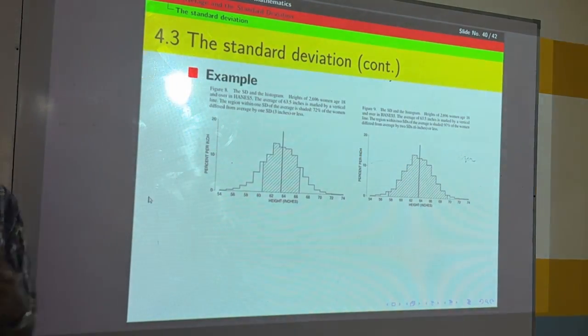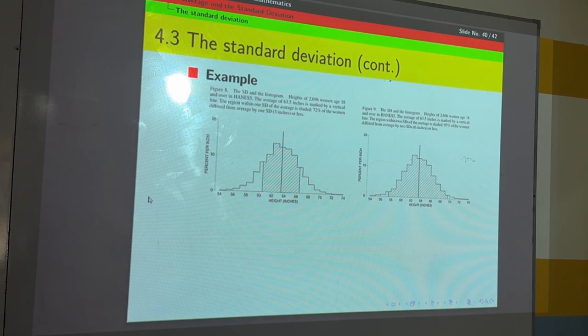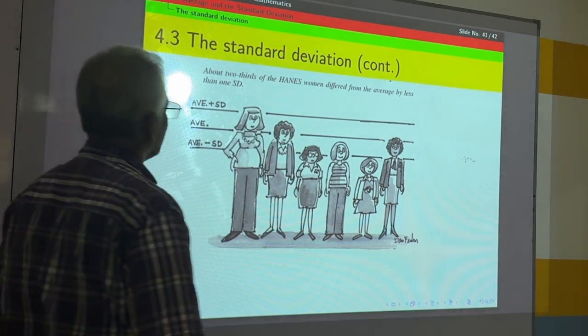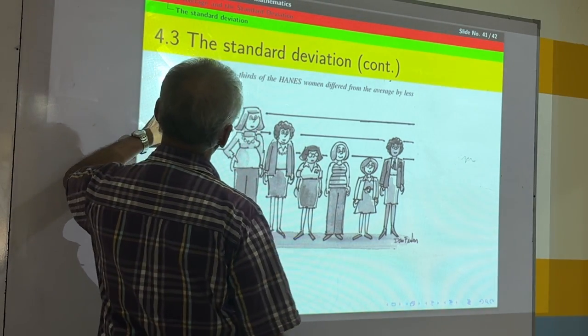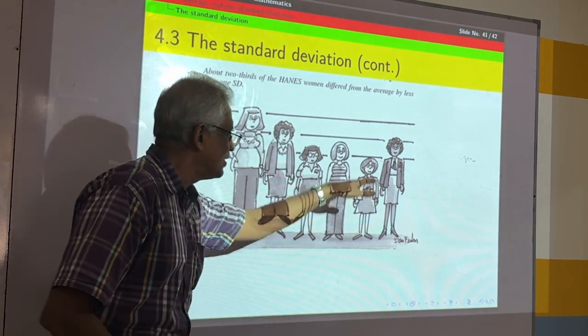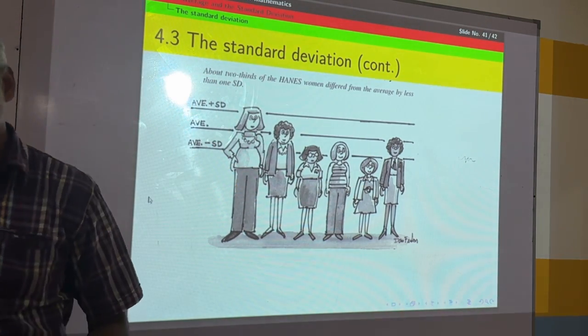So that rule can be applied generally for most of the data sets, especially if the data are bell shaped. The distribution is like that. There are many people whose heights are between these two. There can be very few whose heights are more than that or shorter than that.